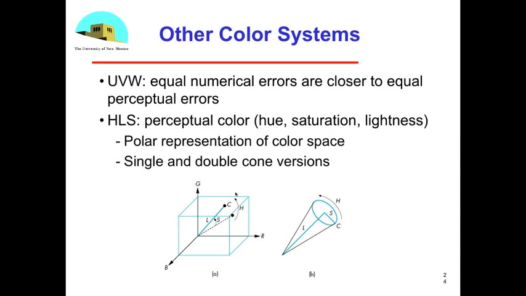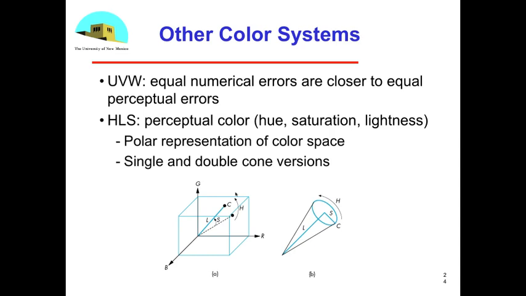And the system that got used a lot in commercial television was the UVW system, which you map into from the YIQ or the NTSC RGB. The HLS system, as I mentioned, is a much more perceptual system. It's used pretty much by anybody in the art community, who would prefer to use that.